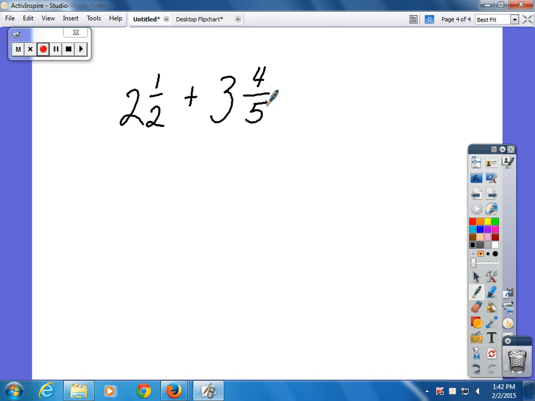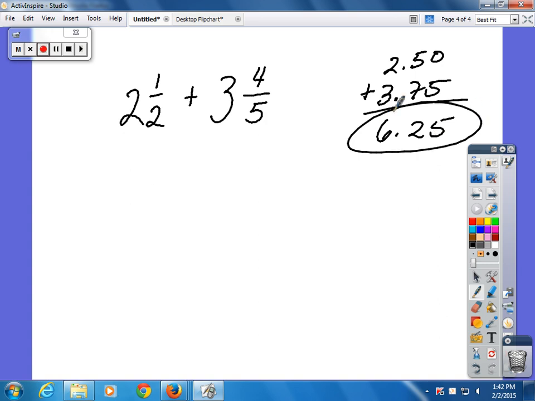And that's basically what this is. You could say 3.75 here if you wanted to. If you used a little bit of estimation, that'd be $2.50 plus $3.75, and just by using estimation, you come up with what? $6.25, and that's by estimation.